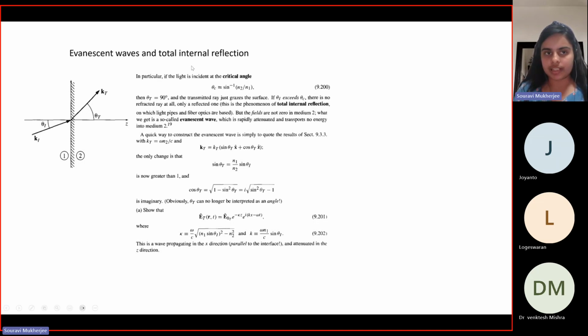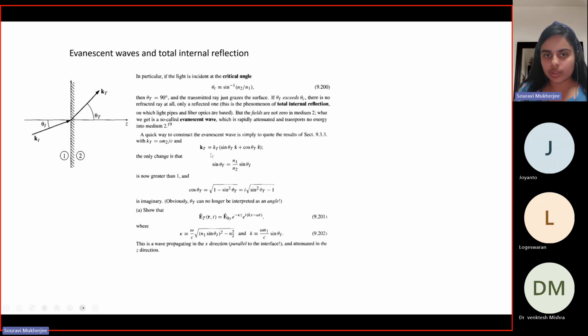This is what we were discussing, and I think I had seen some questions in this direction. This is the critical angle, right? When your refracted or transmitted angle goes to 90, beyond that the total light gets reflected.